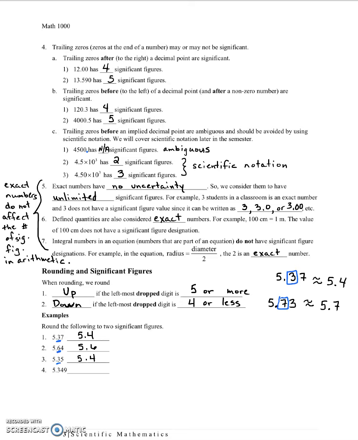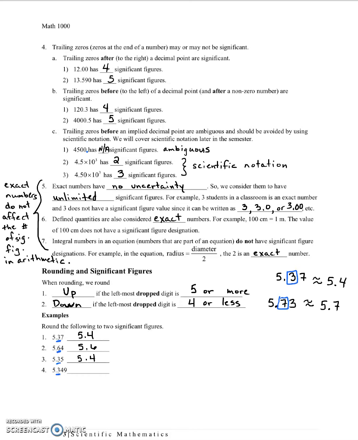Okay, what about the last one? Okay, we need to go to 5.349. 2 significant digits is where the 3 is. And I'm sorry, I think I've said rightmost digit for all of these.